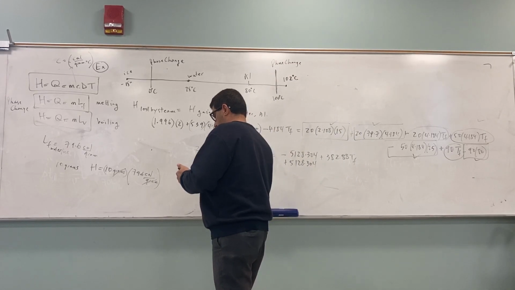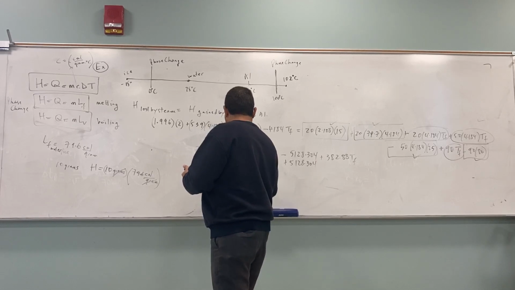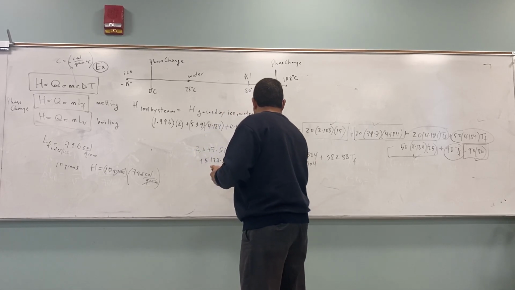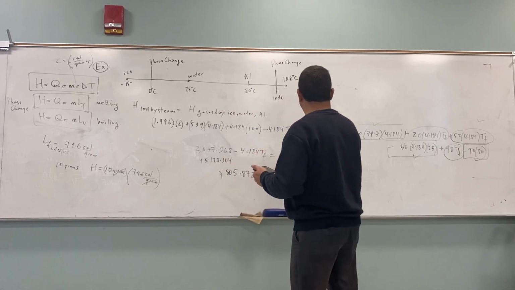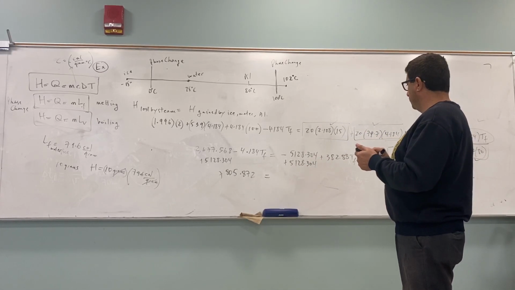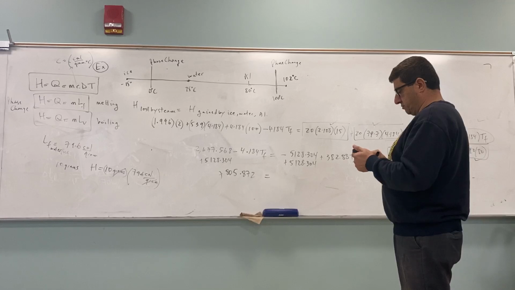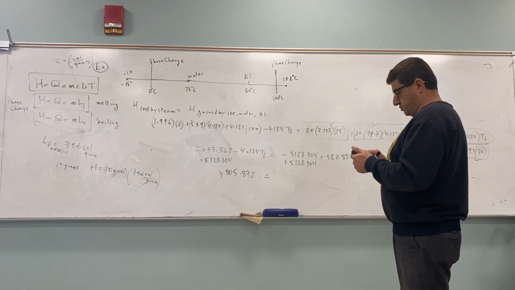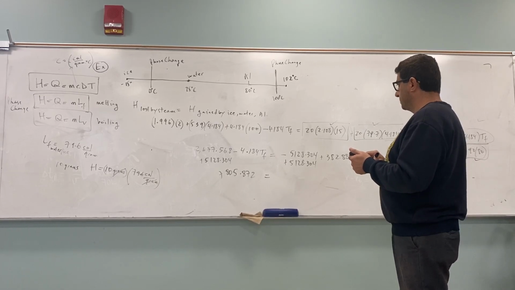So 7805.872. And of course add 4.184 to the other side. 382.88 plus 4.18.